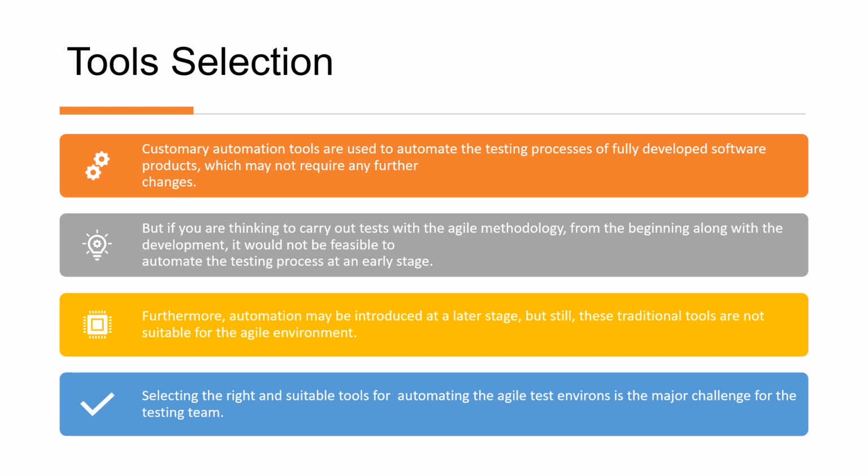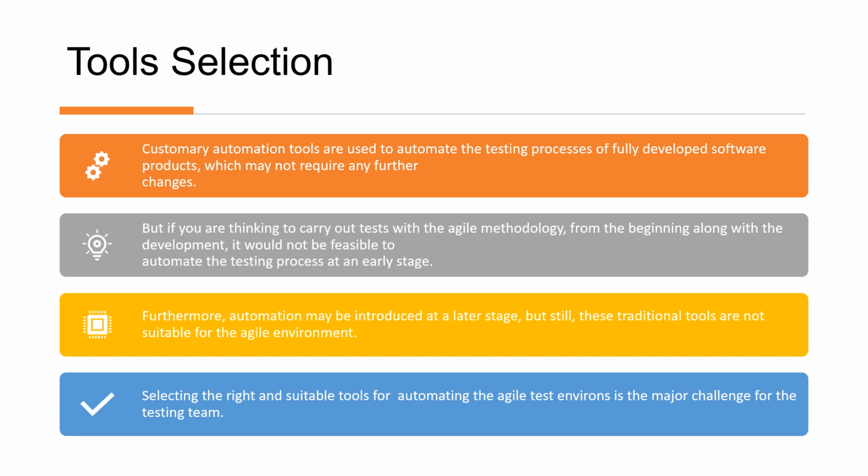Now the tool selection. Customary automation tools are used to automate the testing processes of fully developed software products which may not require any further changes. But if you are thinking of carrying out tests with the agile methodology from the beginning, along with the development, it would be feasible to automate the testing process at the early stages.